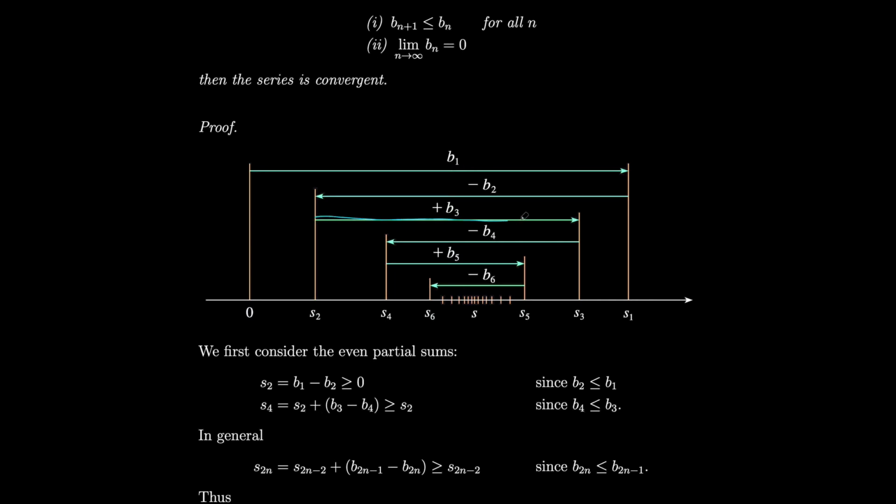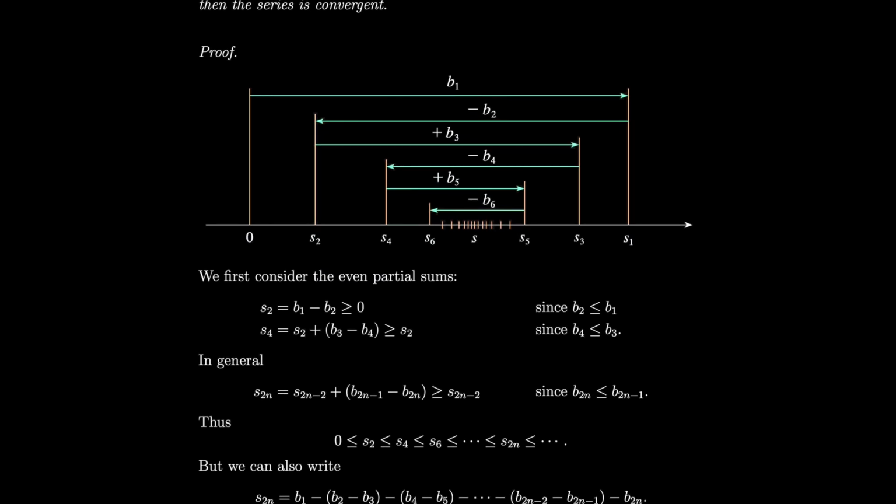You go forward B3, and you won't get past where you were at the first sum, because B3 is smaller than B2 by our assumption. So you keep doing this, and you can see that the sum of the first 2 terms will be before the sum of the first 4 terms, which is before the sum of the first 6 terms, etc.